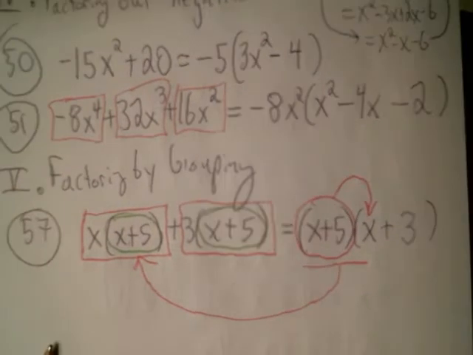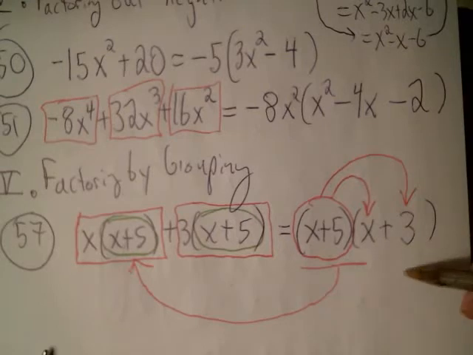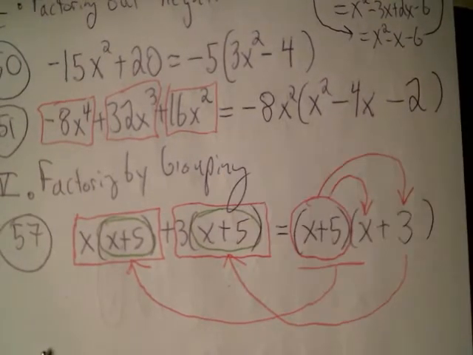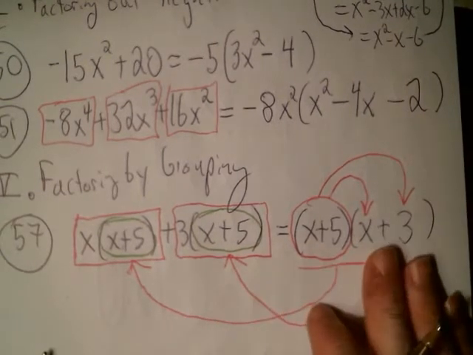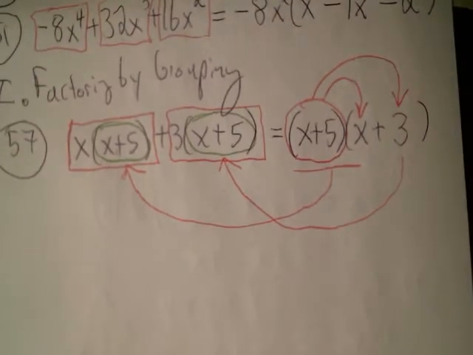When you multiply this whole thing times 3, what does that give you? Well, that gives you this term back right here, 3 times x plus 5. Maybe you think it's x plus 5 times 3, but it's the same thing. It's like 3 times 5 is the same as 5 times 3.